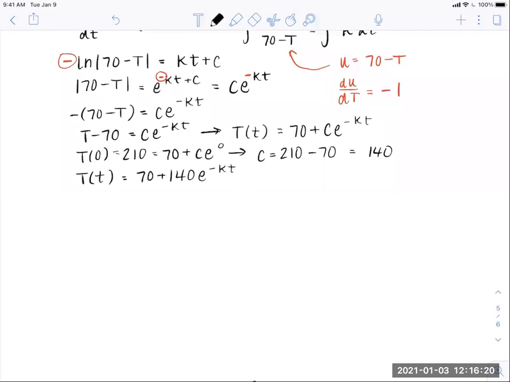We were able to solve for c, but we have not yet solved for k. So to solve for k, we're going to use our other initial condition that T of 30 was 140 degrees. So let's go ahead and plug in 30 for little t. I'm going to subtract 70 from both sides. Divide by 140.